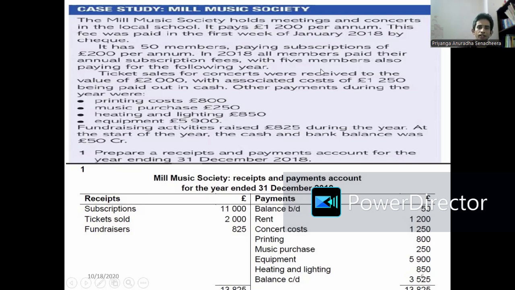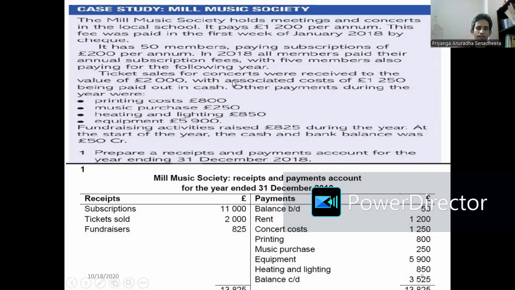In 2018, all members paid their annual subscription fees, with 5 members also paying for the following year. So in addition to this 10,000, we get another 5 members' subscription fee, which is relevant for the next year. So 5 times 200, again 1,000. 50 times 200 is 10,000, and this extra 5 times 200 is 1,000. So 10,000 plus 1,000, altogether 11,000.